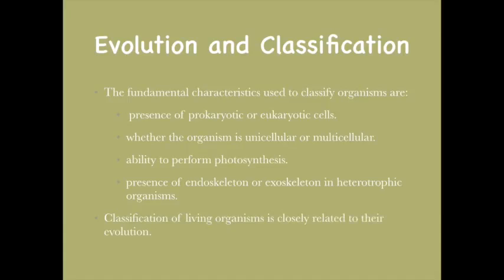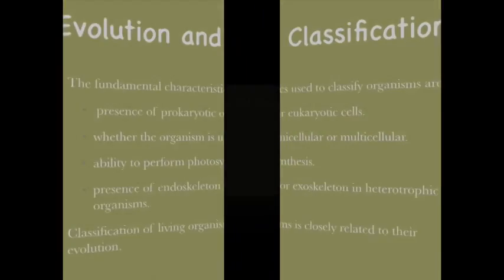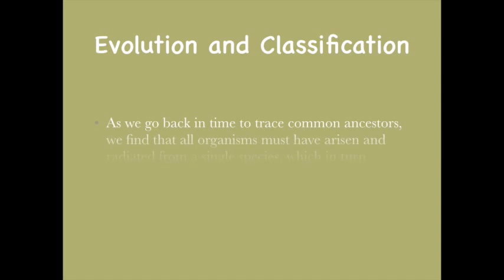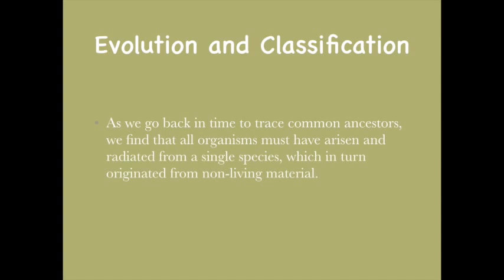Classification of living organisms is closely related to their evolution. As we go back in time to trace common ancestors, we find that all organisms must have arisen and radiated from a single species, which in turn originated from non-living material. Thus, life actually arose from non-living matter. Very interesting, right?